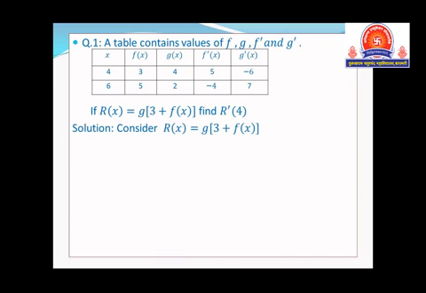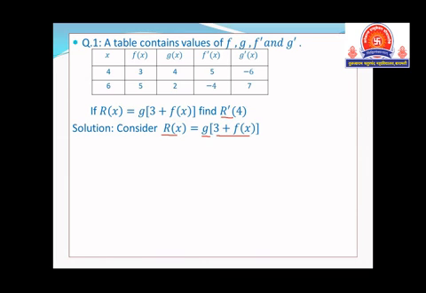See here, consider the given function first. Now this function, again outer function and inner function, two functions are there. See here, outer function is g and inner function is 3 plus f of x. So this function is r of x. We want here r dash of 4.